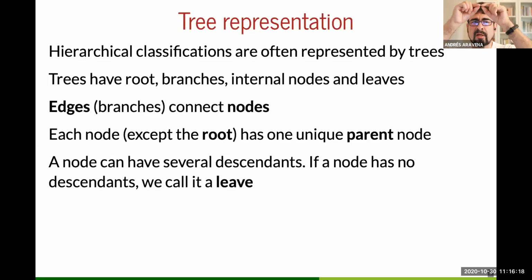A parent node can have several children, and every child can have their own children. The basic rule is that one parent can have several children, but every child has only one parent. This is super important. It essentially means that a group that is in one category can be only in one category. You don't have two ancestors.